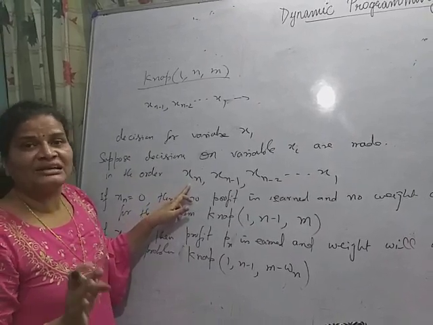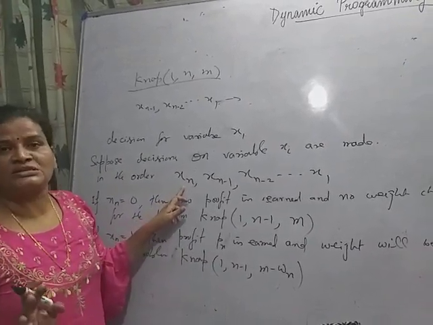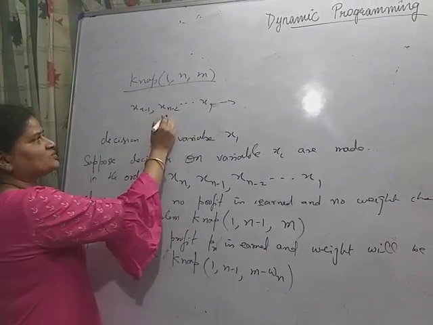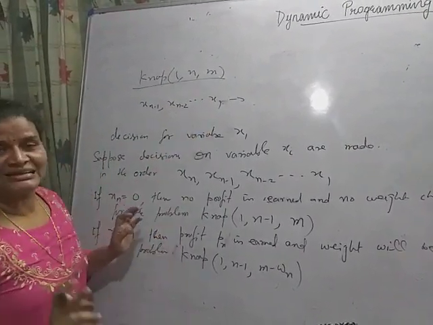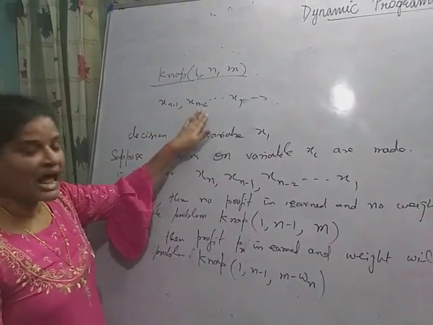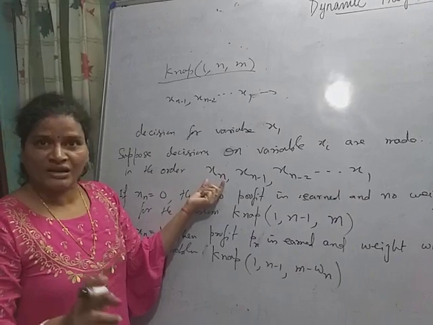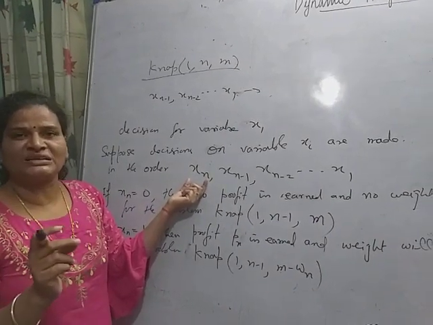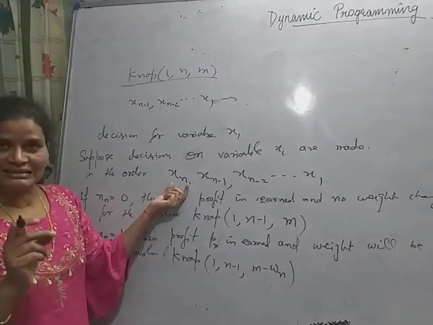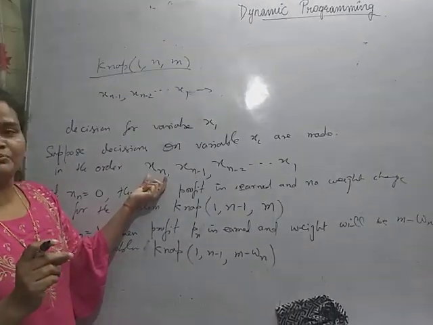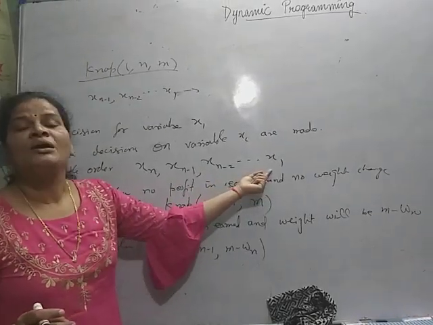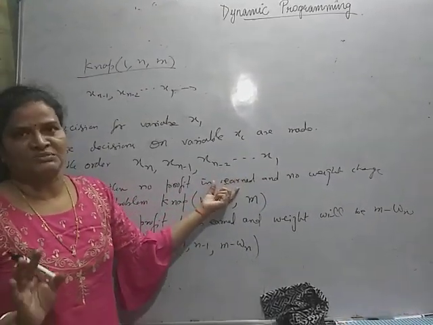Whether it will lead to the optimal solution or not: this sequence is optimal if the remaining sequence of decisions after taking the decision for xn is optimal. The principle of optimality tells that whatever the initial problem state and decision, the remaining decision sequence must lead to the optimal solution.